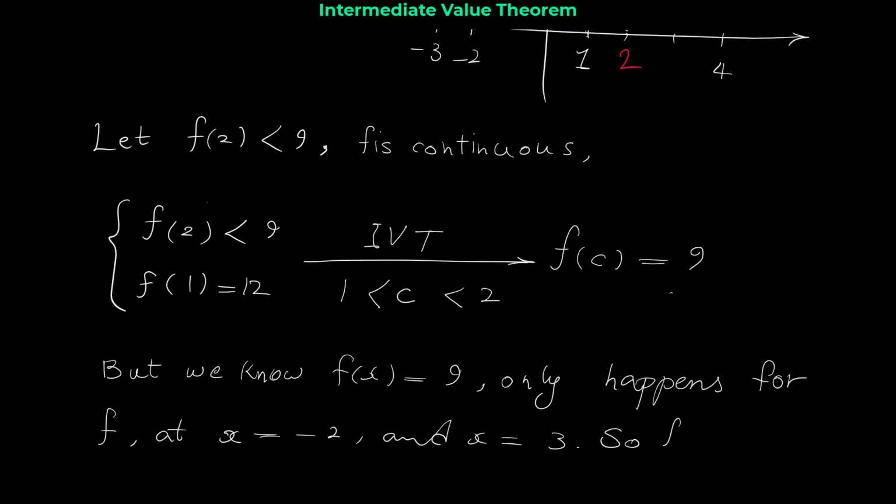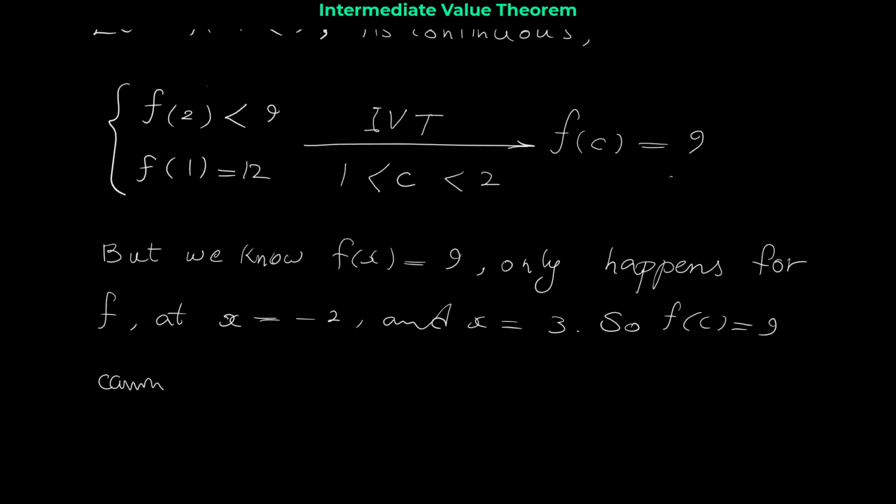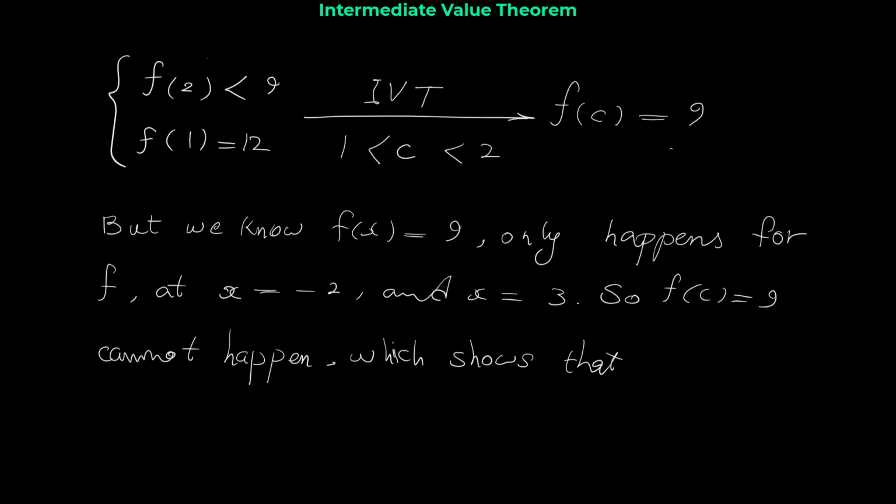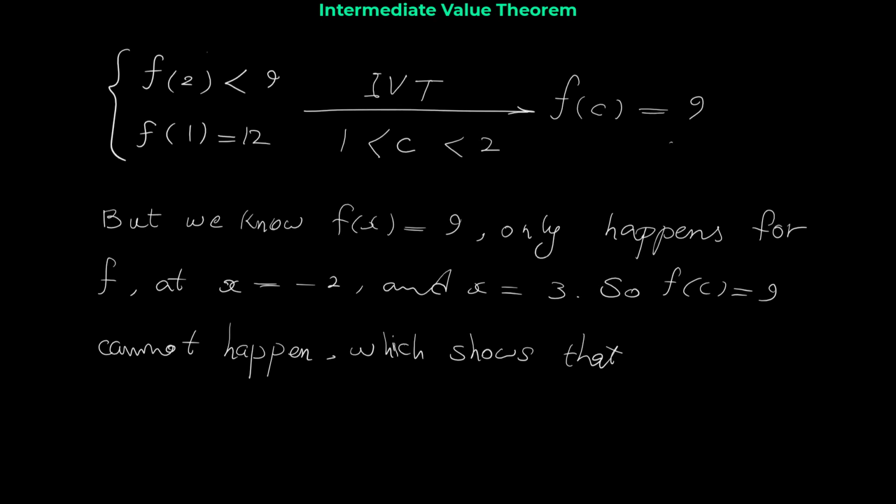So f of c equal 9 cannot happen, which shows that our supposition here, what we supposed here, is not right. It shows that f of 2 less than 9 is not true.